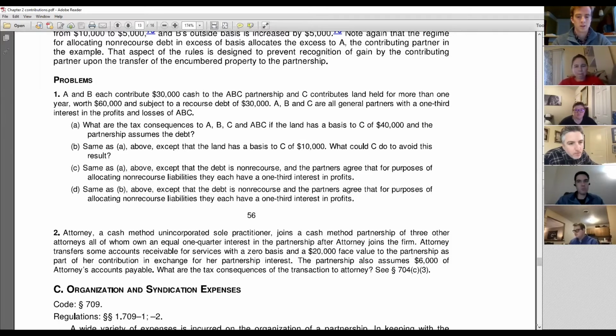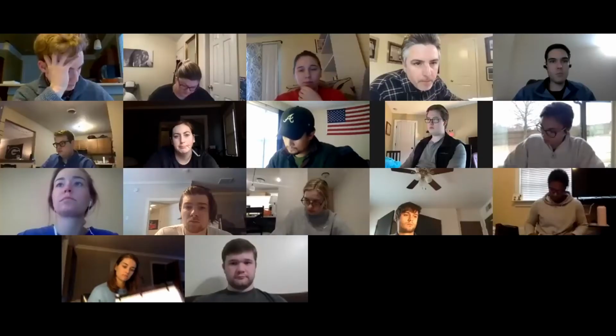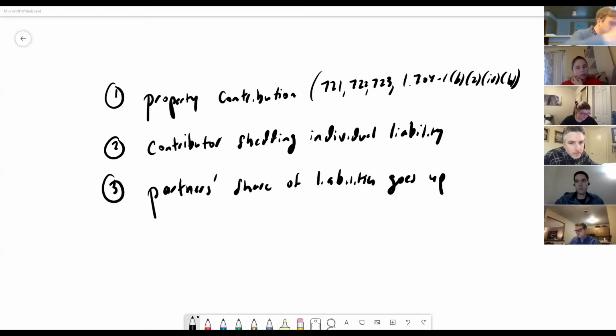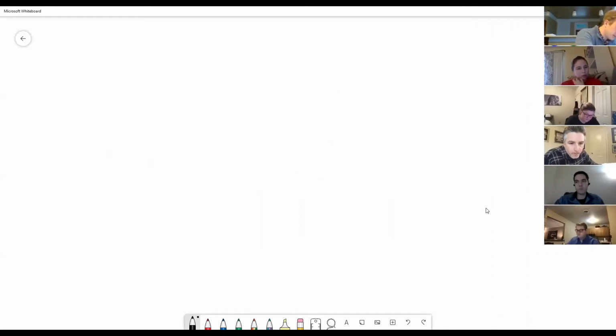So let's construct the balance sheet here, see what happens on this contribution by C. So A and B are really simple, at least to start.